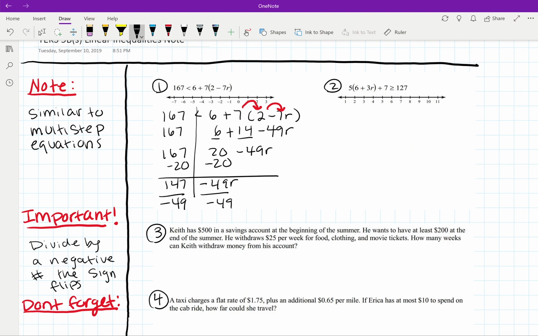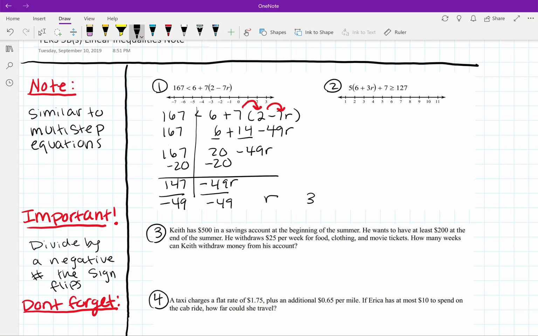So when we divide by negative 49, let me pull out my calculator. Hopefully this gives us a whole number. 147. Oh, it's a whole number. Okay. So we get r, and then we have 3.